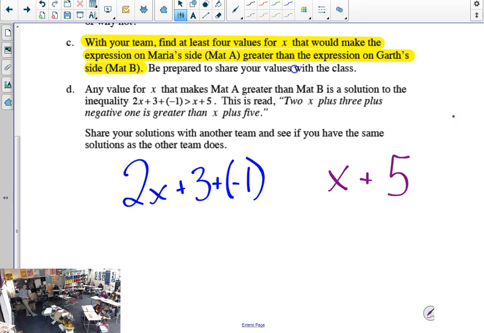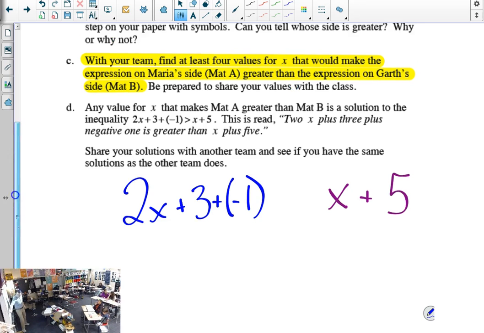Francesca, is there anything that I can do on either side before I start working with both sides together? Not yet. I mean, I could, but we don't want to jump there yet. There's something I should do first. You're right, but we're just not there yet. Alan? There's a negative tile on the left side, so you could make 0 pairs, right?